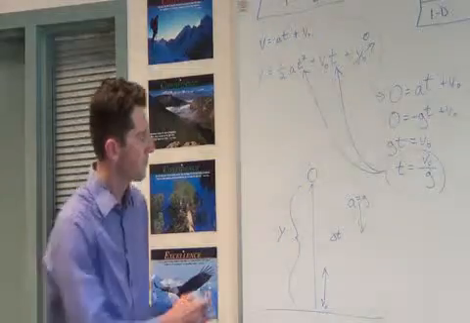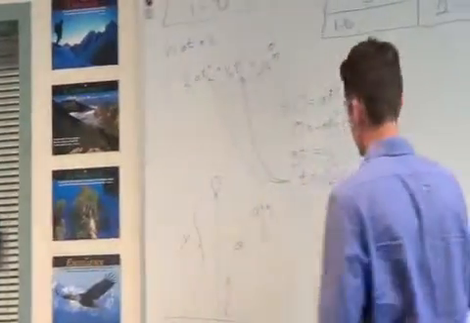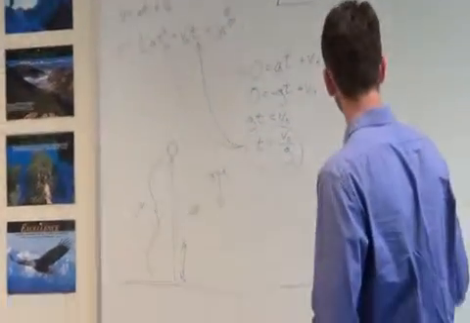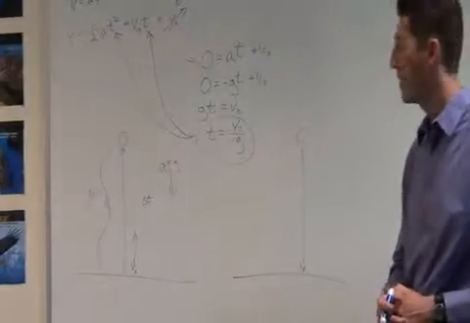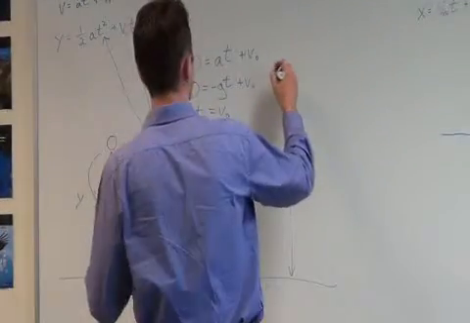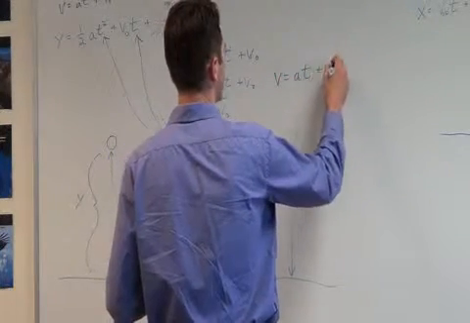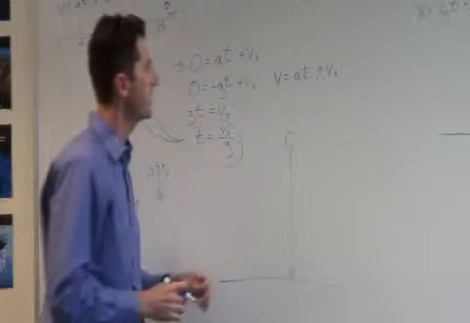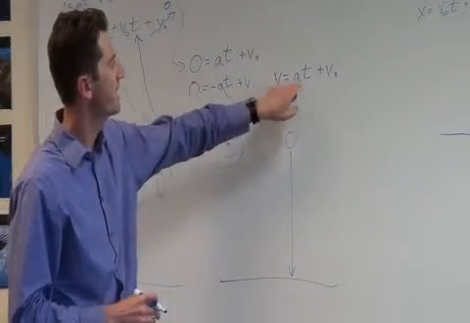So if we were to drop this ball, I'm going to do this again, and drop this ball from the same height. Here velocity equals at plus v naught.